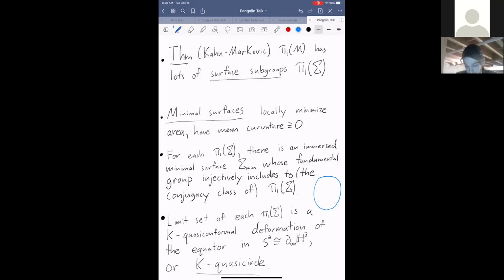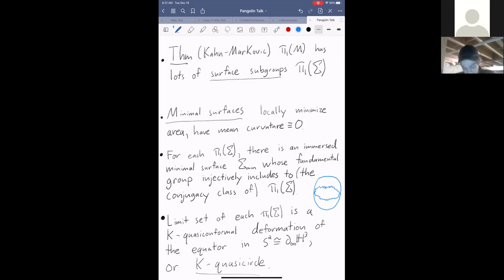What that's going to look like in this case is a Jordan curve in the boundary at infinity, a really squiggly curve. In general, it's not going to be differentiable. It's going to have Hausdorff dimension bigger than 1. It'll be a Jordan curve. It's the image of the equator under these so-called K quasi-conformal maps.